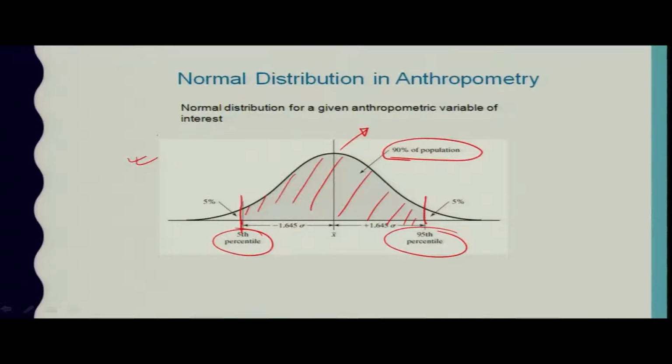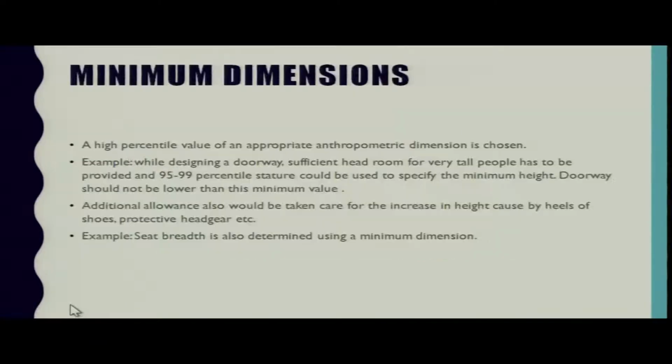For a detailed understanding of this curve, I have covered the normal distribution explanation in a lecture of anthropometry, so you can revise that lecture. In a nutshell, the data can be chosen from this curve on the basis of minimum dimension and maximum dimension.